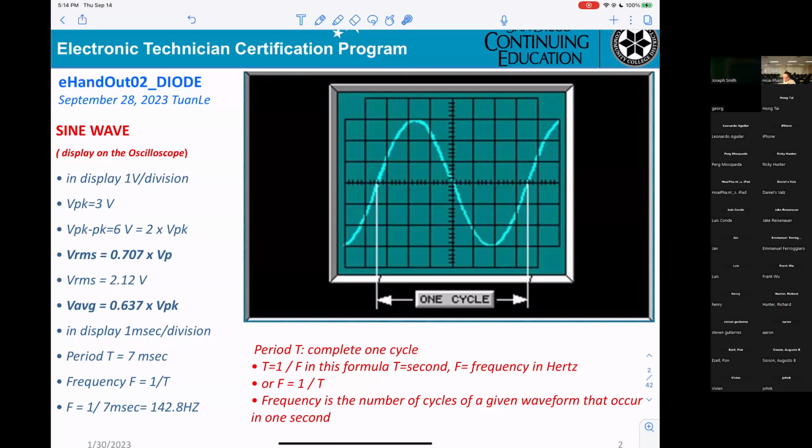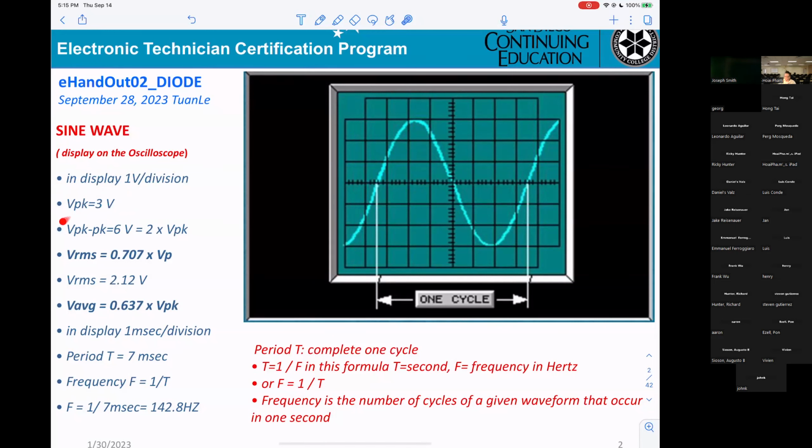So the V peak means from the 0 to the top. 1, 2, 3. So that's why V peak equals 3 volts. Okay. And next one, V peak to peak, that means from the top to the bottom here. 1, 2, 3, 4, 5, 6. That will be 6 volts.